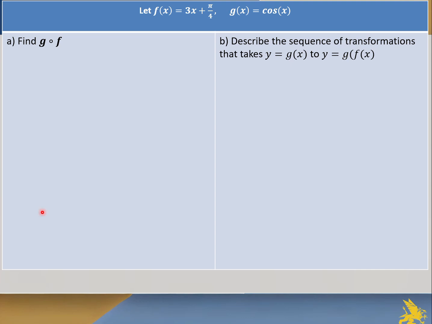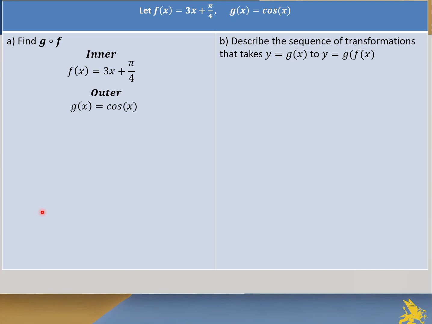Okay, so let's look at these two functions here. We have f of x is equal to 3x plus pi over 4, and g of x is equal to cosine x. So we're going to create a composite function. We need to think about what is the inner function. The inner function is f, and the outer function is g.